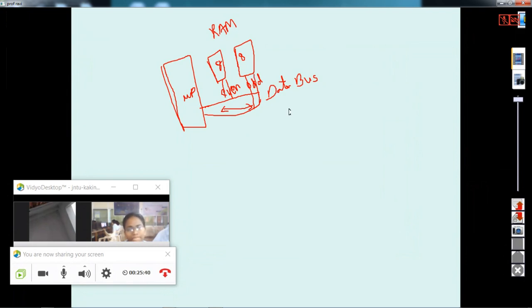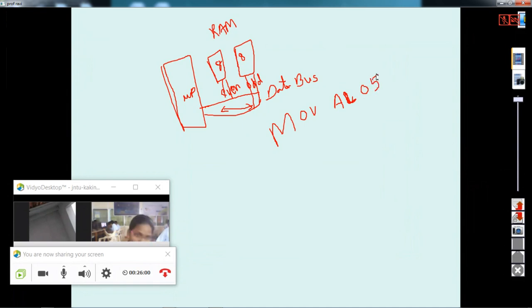It can read from or write into the RAM. Now let us say you want to move a byte into a register. As a programmer, you write MOV AL, 05.